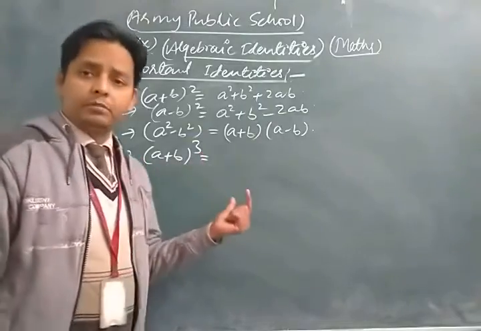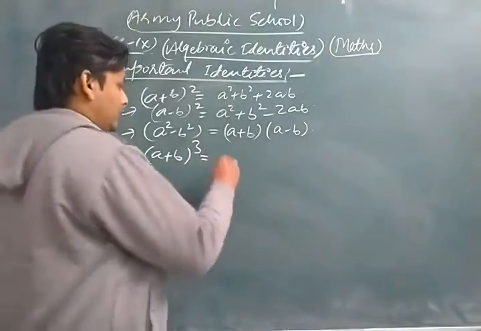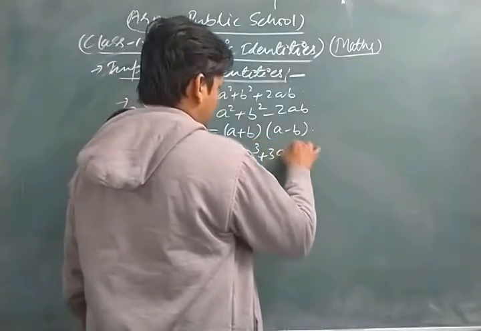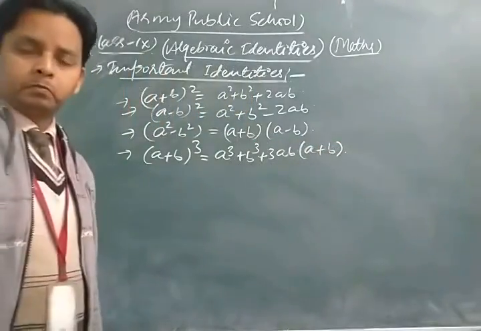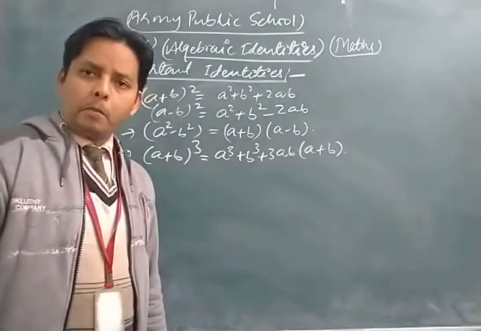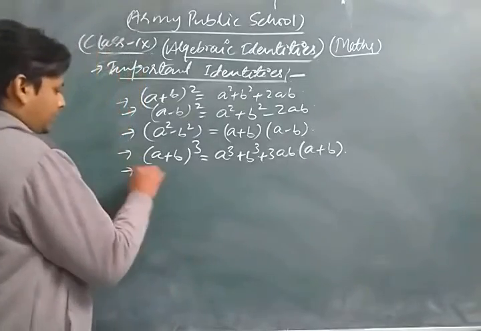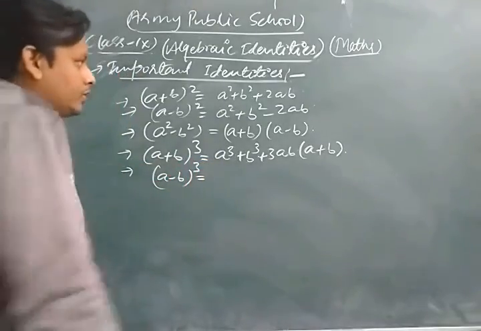Now this is A plus B whole cube. This is also a very important algebraic identity. A plus B whole cube is A cube plus B cube plus 3AB in bracket A plus B. Now next one is A minus B whole cube.